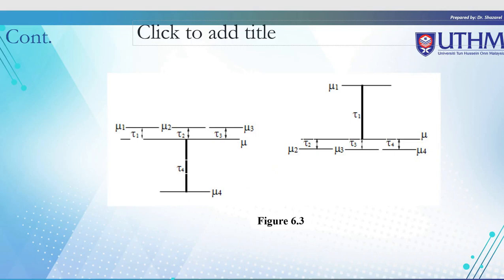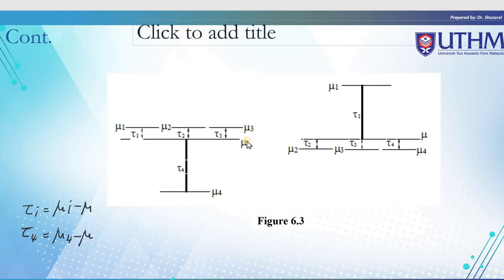So what is the difference between these two figures? We previously know that tau i is equal to mu i minus mu. For the first figure, tau 4 equals mu 4 minus mu. So mu 4 is this one minus mu. We can see that mu 4 is less than mu because it is on the lower part of mu, right?